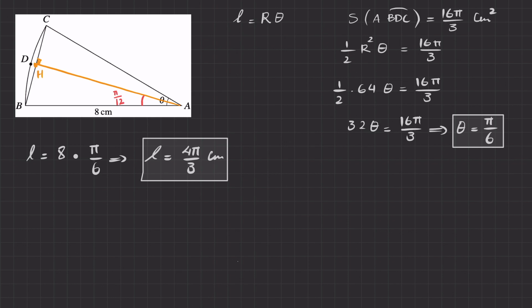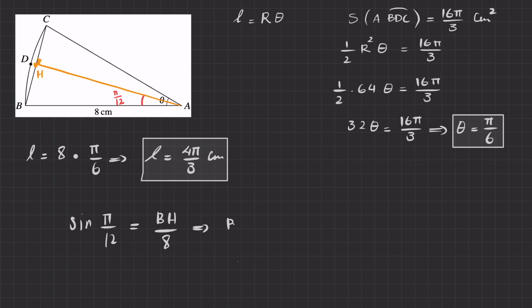In this right-angle triangle, I can write sine of π/12 is equal to the opposite side, which is BH, divided by the hypotenuse, which is 8.